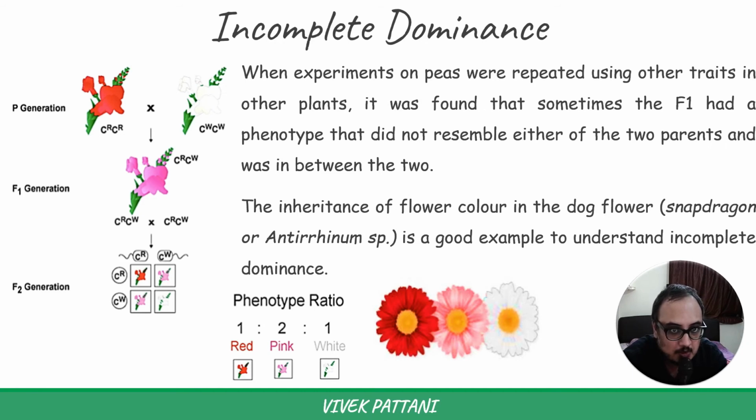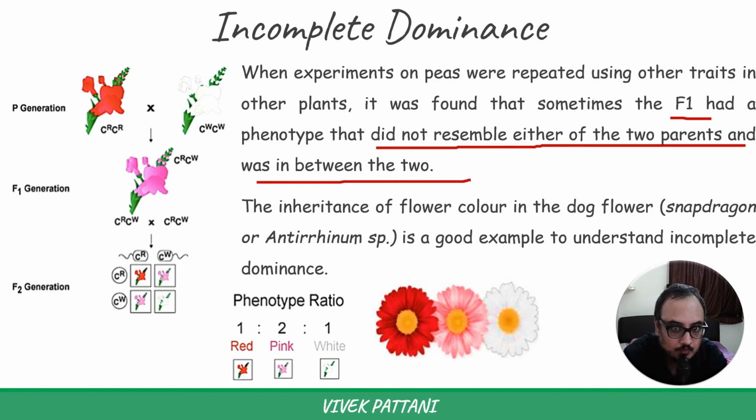When the experiments on peas were repeated using other traits in other plants, it was found that the F1 had a phenotype that did not resemble either of the parents, which was in between the two. Inheritance of flower color in the dog flower snapdragon is a good example to study to understand incomplete dominance.